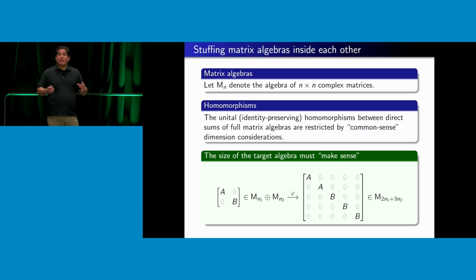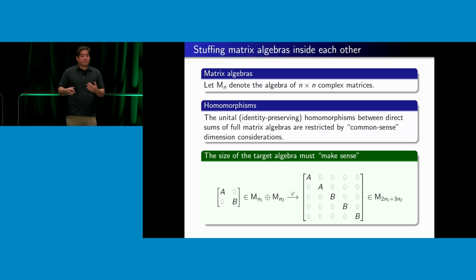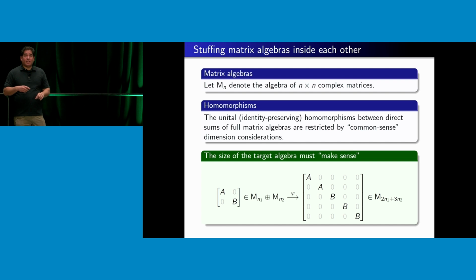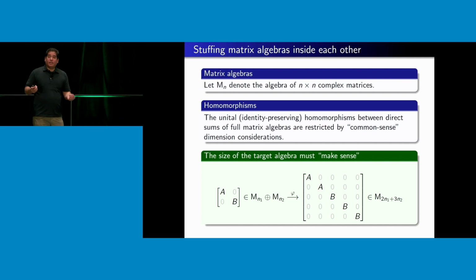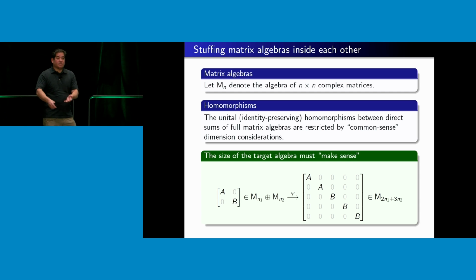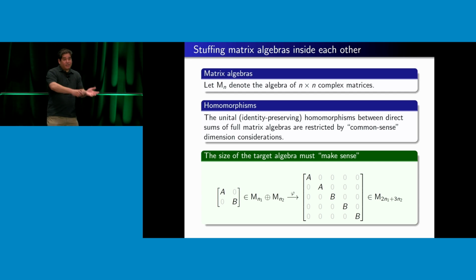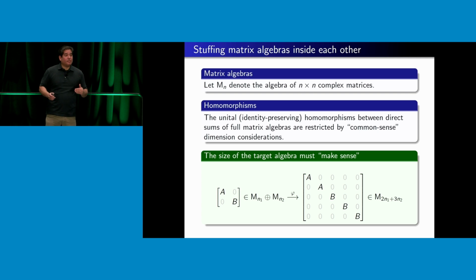So what's going to happen, up to some notion of equivalence, this homomorphism has to do something like this. It's got to stuff some copies of A on the diagonal and some copies of B on the diagonal. And in order for this map to be unital, meaning I don't have any extra space where I have some zeros on the diagonal in the big matrix, in order for the identity to go to the identity, the box sizes have to match up.